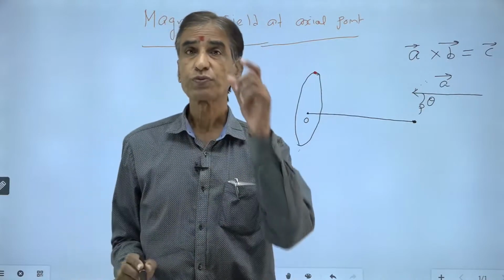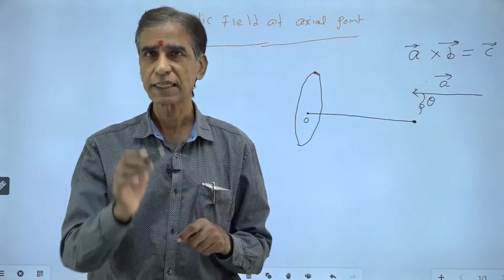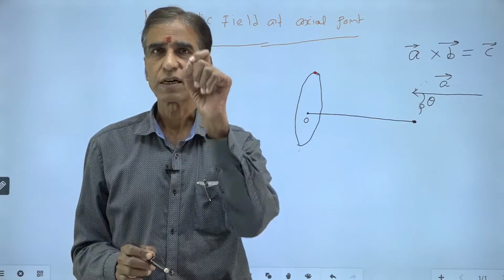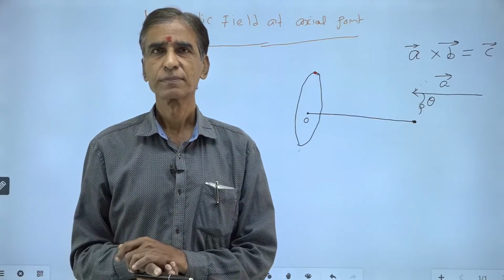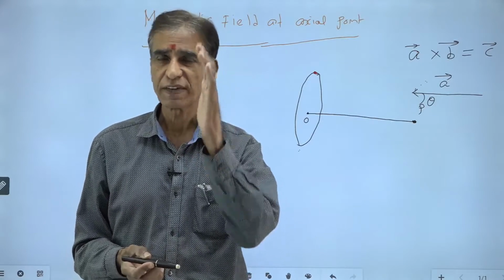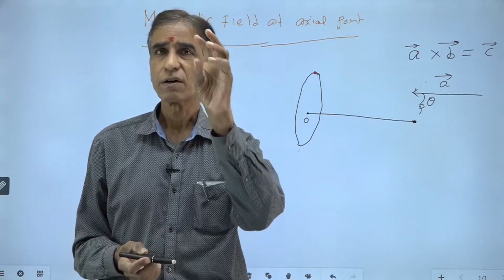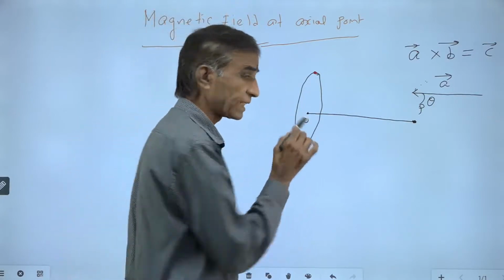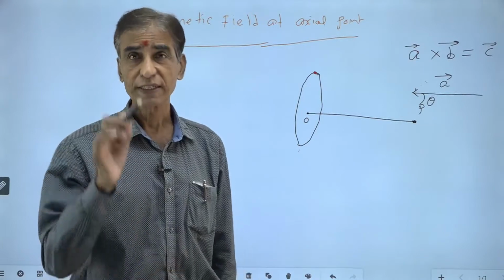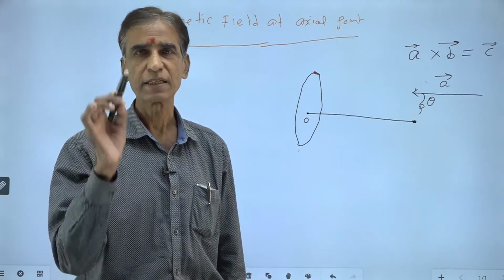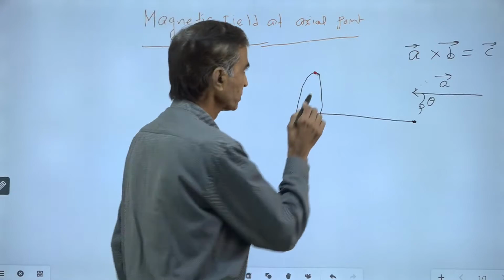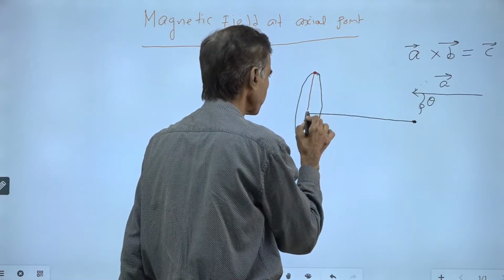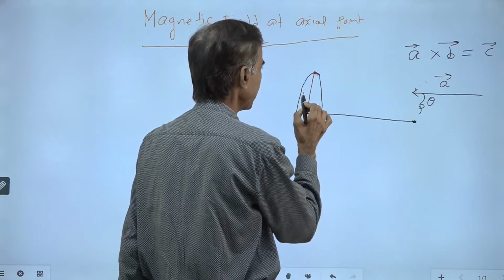Now to find theta, what is the first step? Where is our origin, the reference point from which we measure all distances? Our reference is the center of the loop. First join the current element to the center. That is the radius of the loop.